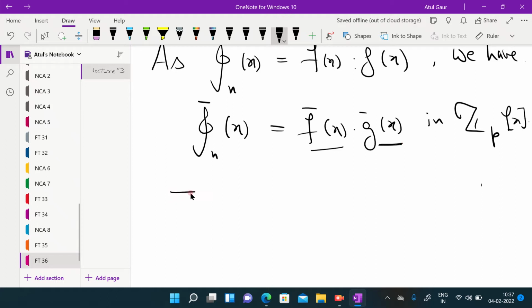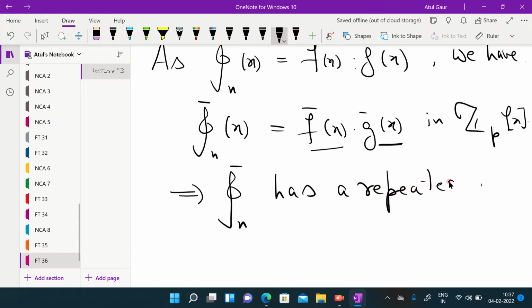Is that fine? Yes, sir. Has a repeated root. That is, phi n bar is not separable.